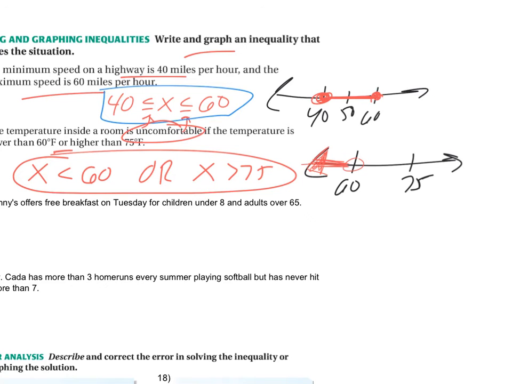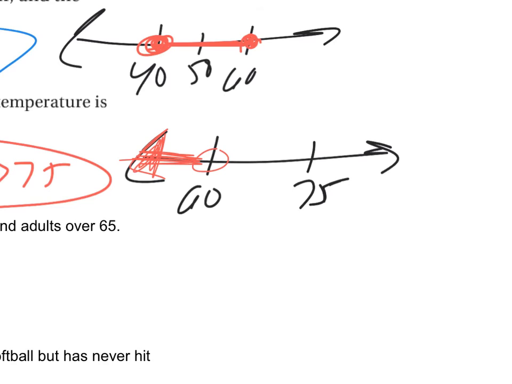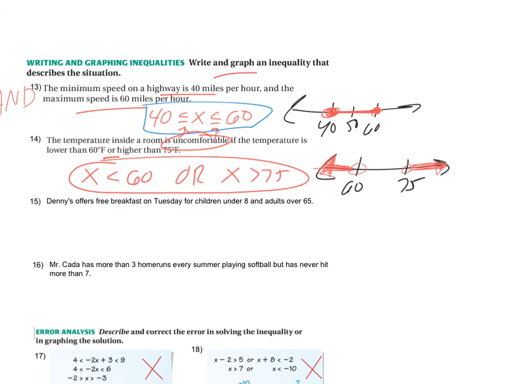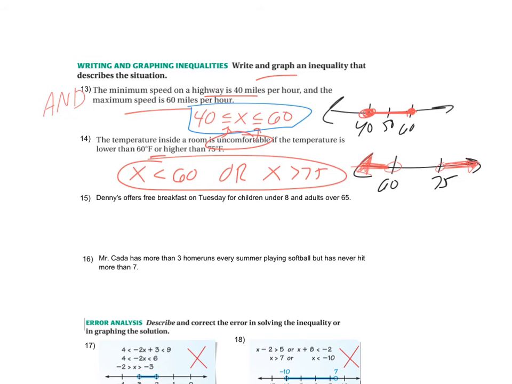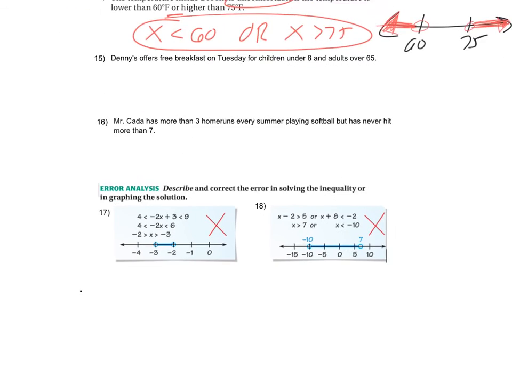And then if the temperature is higher than 75, it's not saying if it's equal to 75. Nope, it's saying it has to be higher. So again, I'd say that's an open circle on 75 and then shade degrees that are higher, because that's where it's uncomfortable. Okay? There's some help on those. I'll leave 15 and 16 to you.